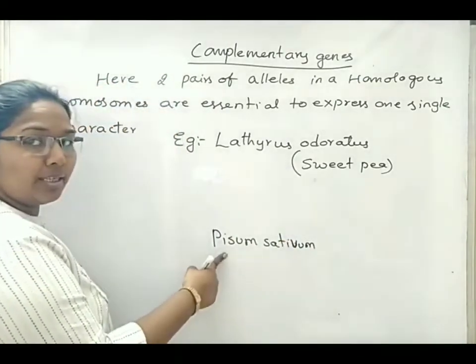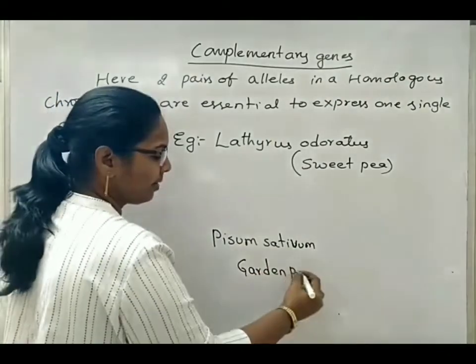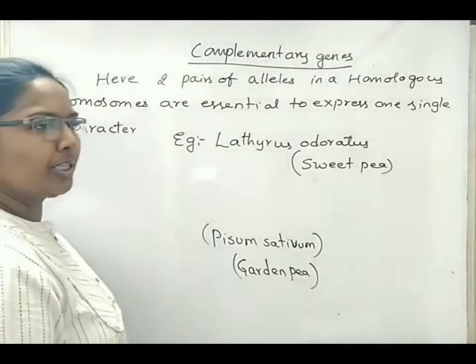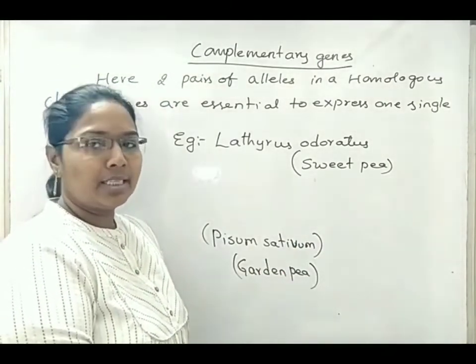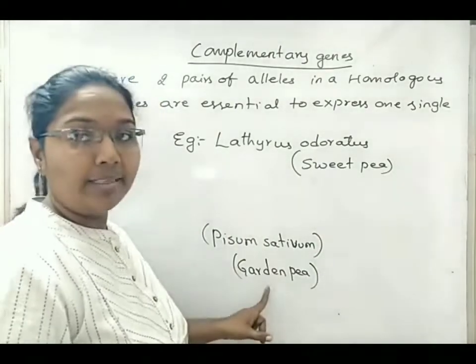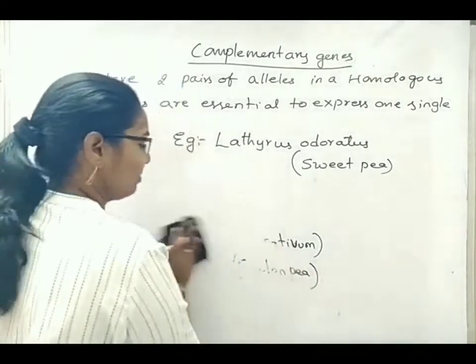This is the botanical name and the common name is garden pea, which we frequently mention when studying Mendel's contributions and his laws. We say that the pea plant he took for his experiments is garden pea, not sweet pea. And this is edible. This is poisonous.